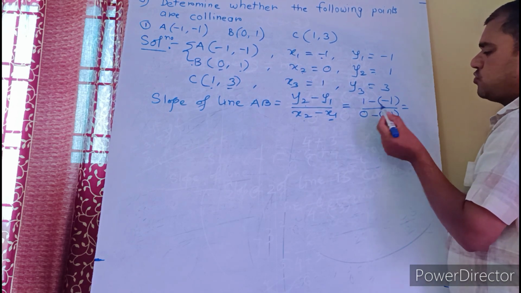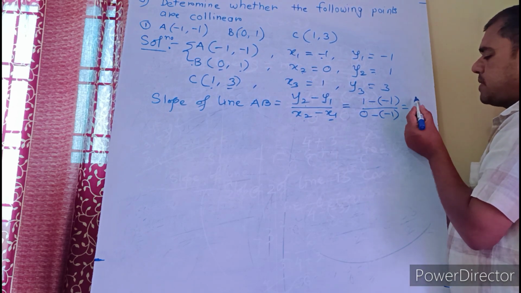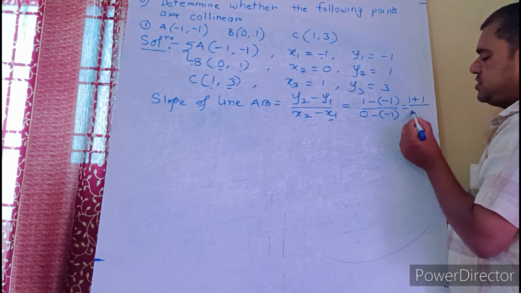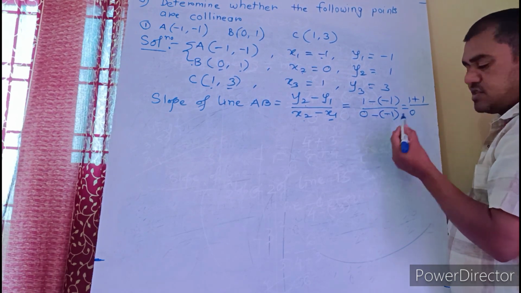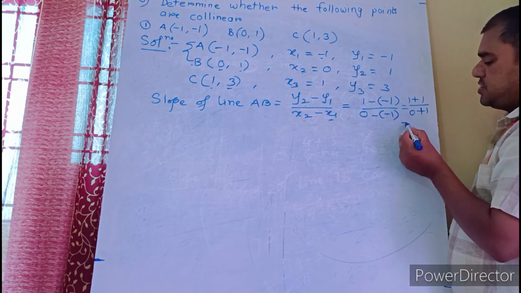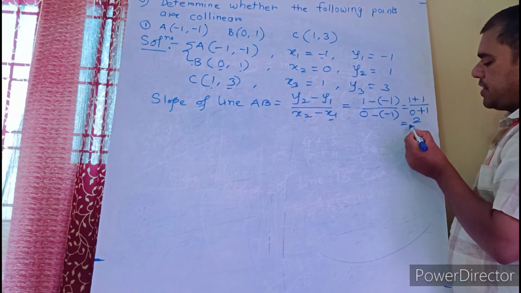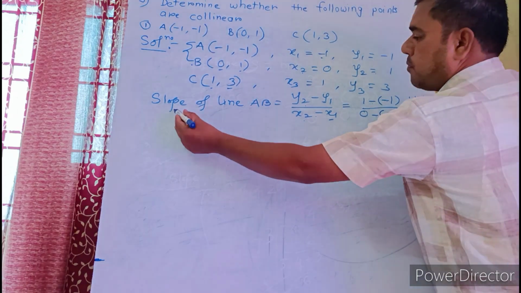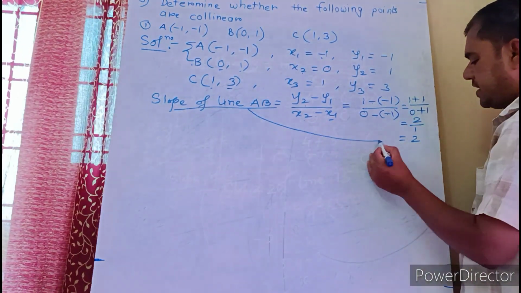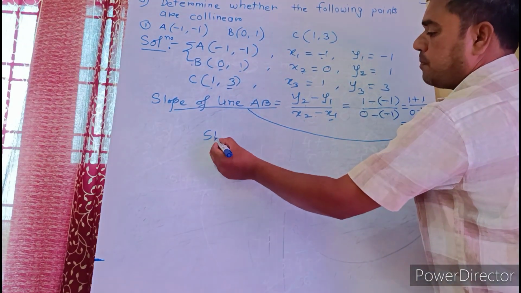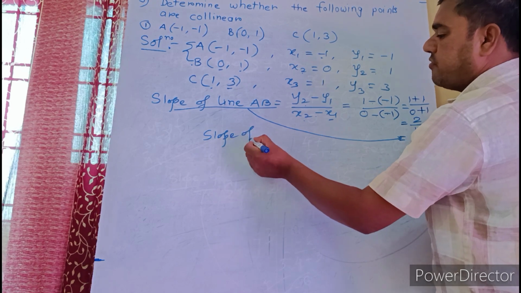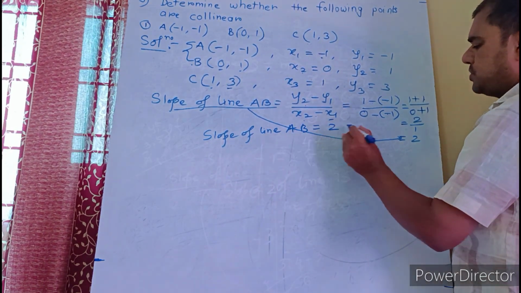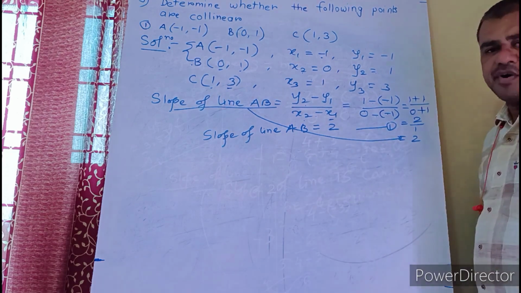On solving this, what we get here is 1 minus minus 1, that is plus 1, divided by 0 minus minus 1, this is plus 1, is equal to 2 divided by 1. We get 2. Means the slope of line AB is 2. Therefore the slope of line AB is equal to 2. This is number 1. Give it number 1.